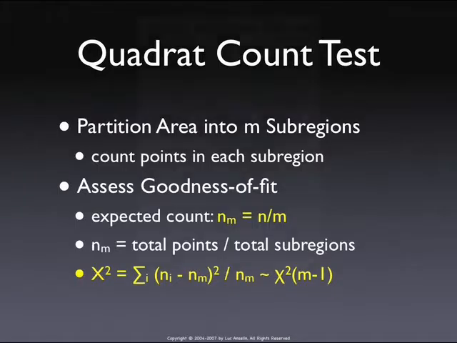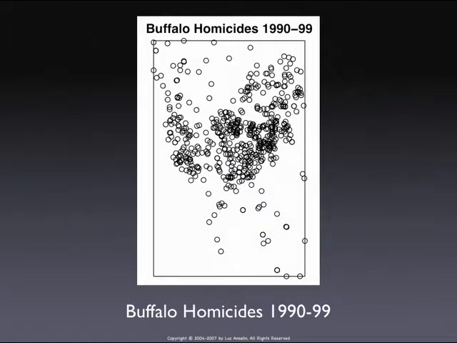Let's take an example. These are the same Buffalo homicides that we saw in the nicer map earlier in the first lecture. This is a point map done in spatstat. So the question is, are these points somehow more clustered than random or more regular than random?